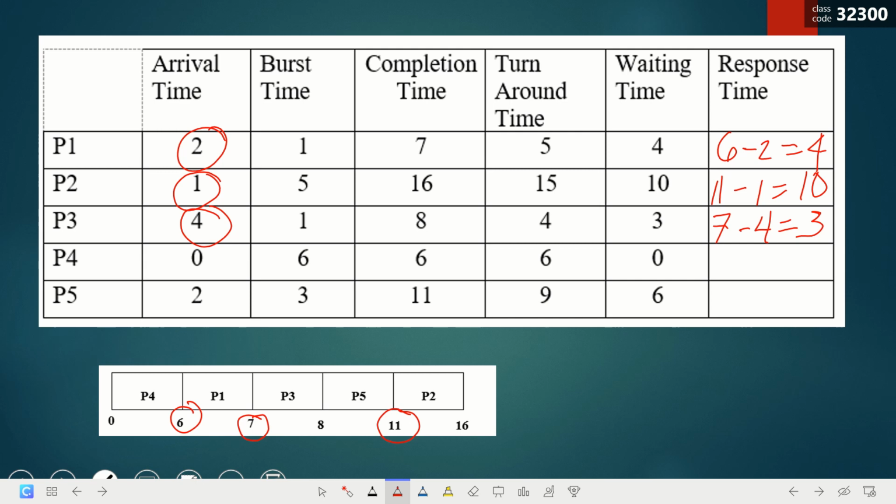Then what is P4? Our P4 is 0. So 0 minus the arrival time, which is 0, is equal to 0. And then what is our P5? Our P5 is 8 according to our Gantt chart. So 8 minus the arrival time, which is 2, we have 6.